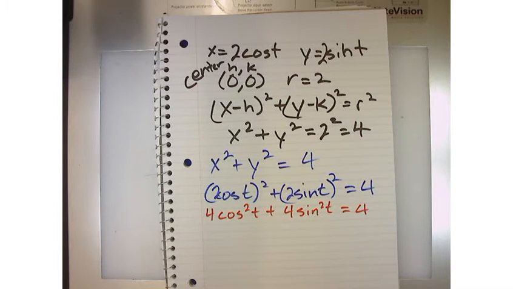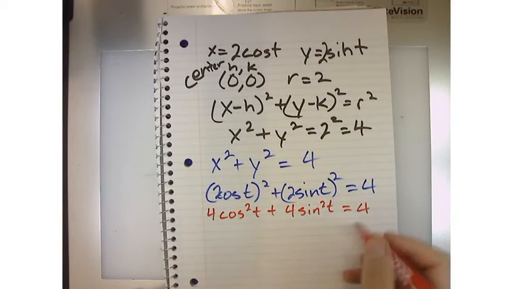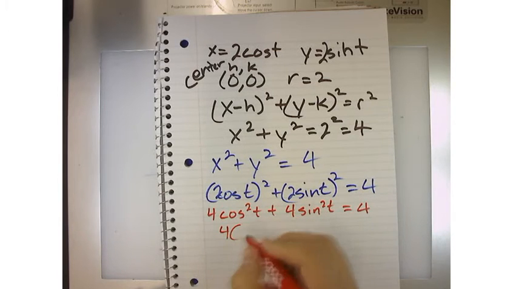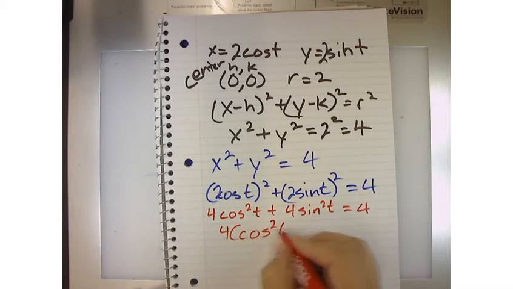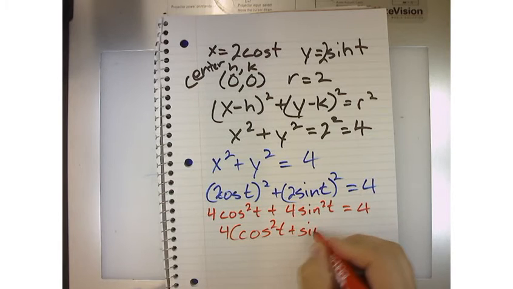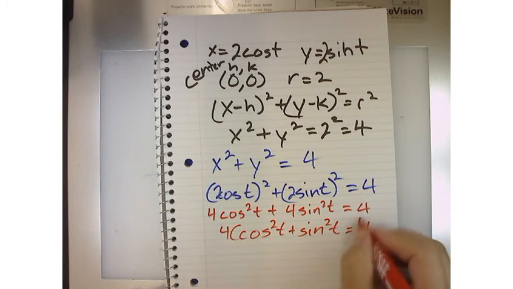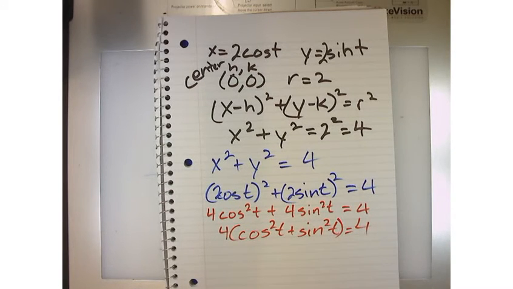And so I could factor this out, right? I want to make the left-hand side equal the right-hand side. So if I factor out the 4, I get 4 times cosine squared of t plus sine squared of t equals 4, right? Can I make the left-hand side equal the right-hand side?